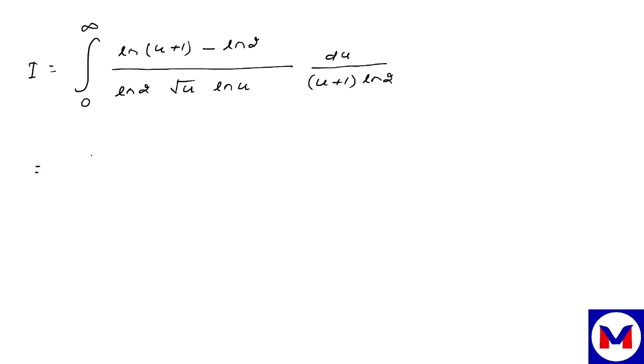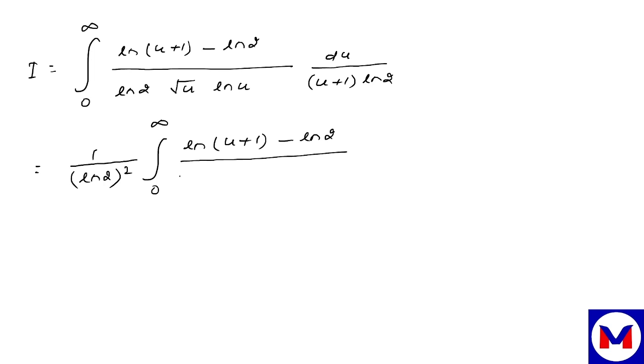That is, 1 upon (ln 2) whole square can be taken out from the integral sign, and this becomes the integral of (ln (u plus 1) minus ln 2) upon square root of u, ln u, and (u plus 1) into du.